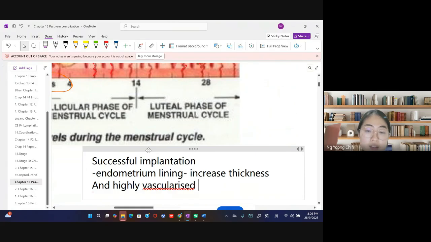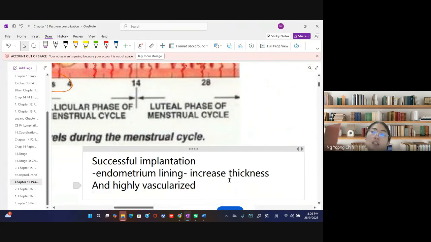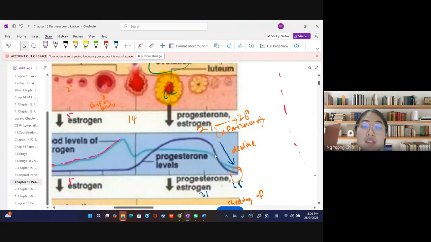Vascularized means that the blood vessels increase in number within the endometrium lining, or become more prominent, so they allow efficient transport or exchange of substances during the implantation.